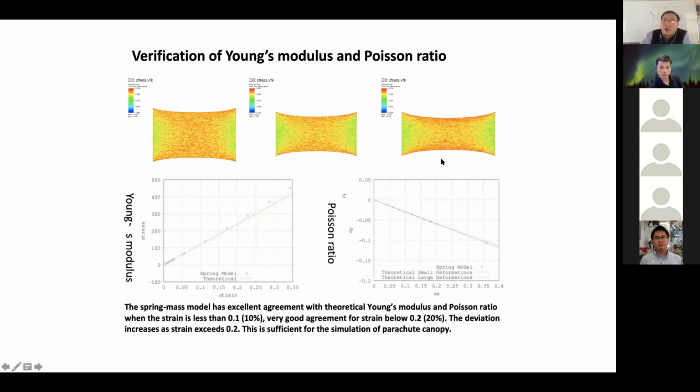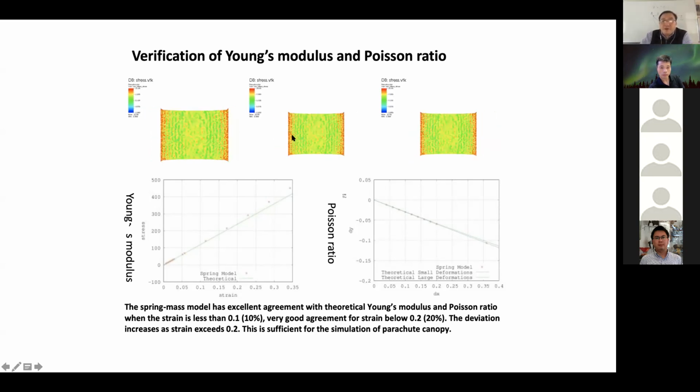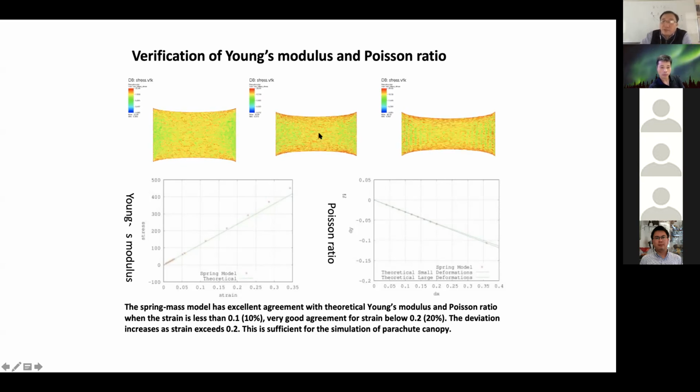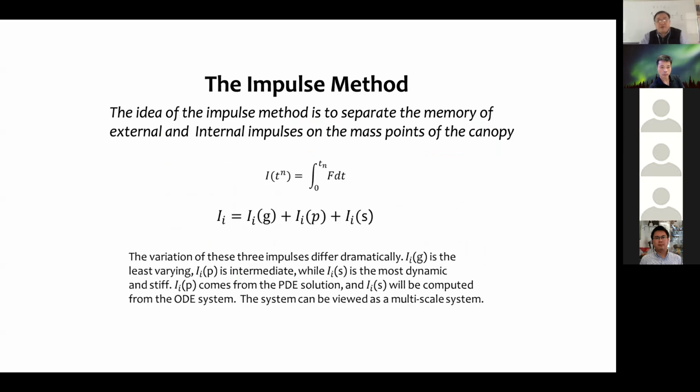And sometimes we also just use the simple model. We try to compare the two results, and of course, when you measure the Poisson ratio, they don't agree very much. But when you are talking about the parachute dynamics, it doesn't make very much difference.